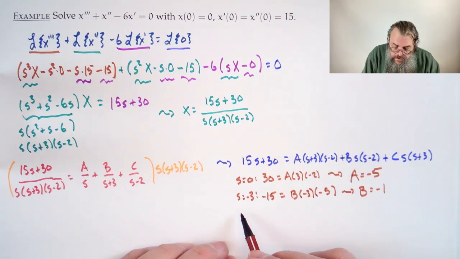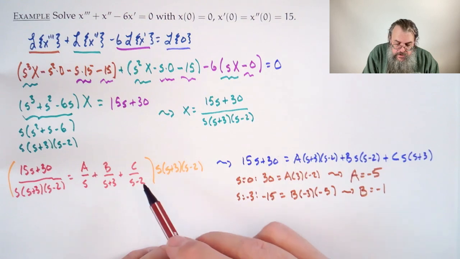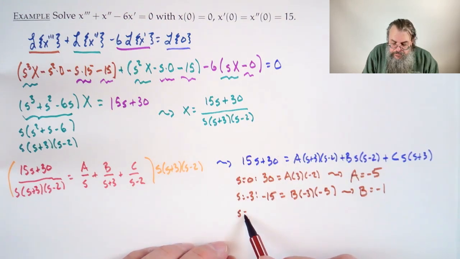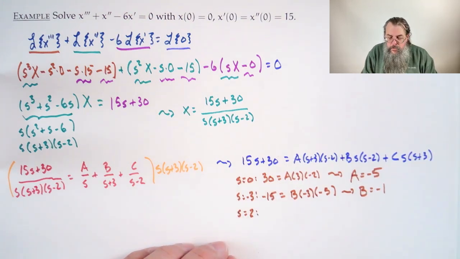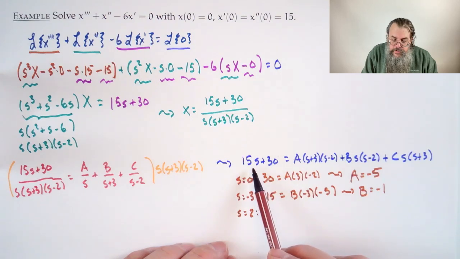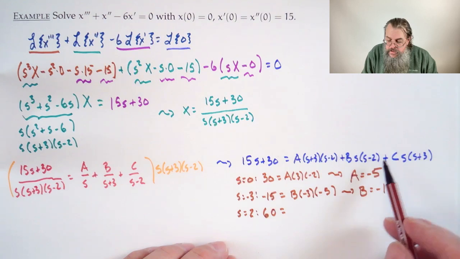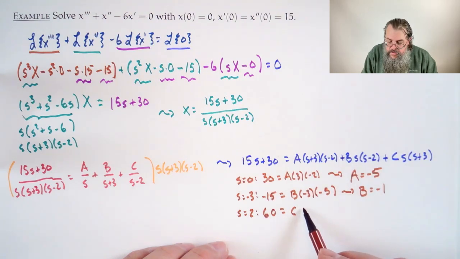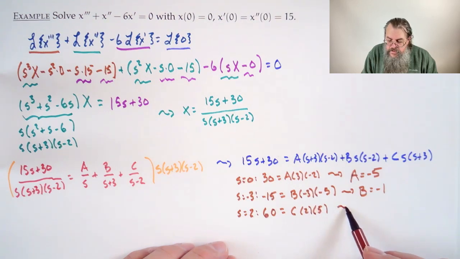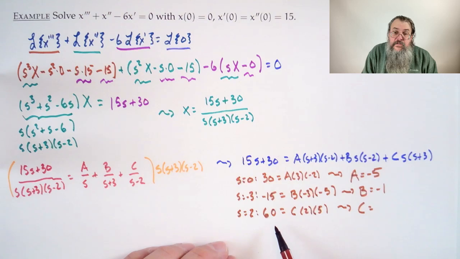Okay, now our last one. That would be for s equals 2. What do we get? Well, we get 30 plus 30 makes 60. Gone, gone. C times 2 times 5. Which tells us C equals, well, 6.